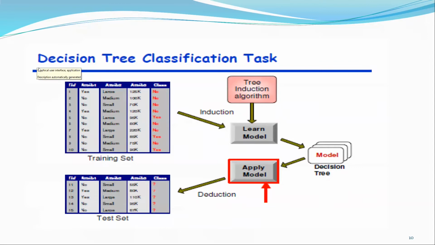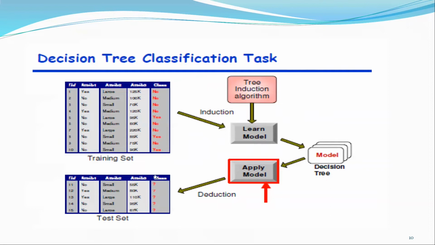In this part, we will see how the classification task works using decision trees. Given a training data set, we create a decision tree model using a tree induction algorithm. The model will then give the resulting class for new test data.